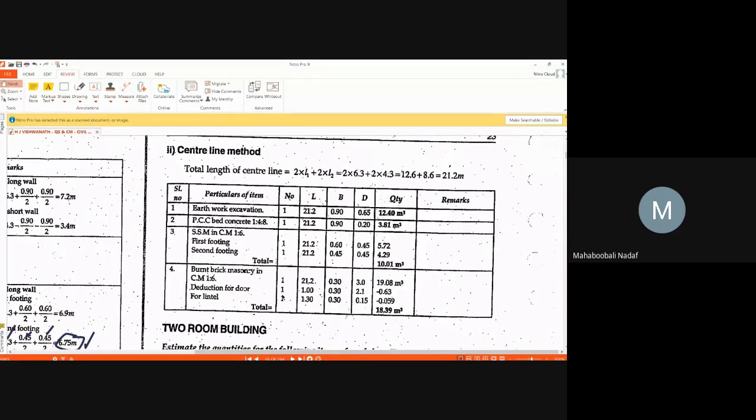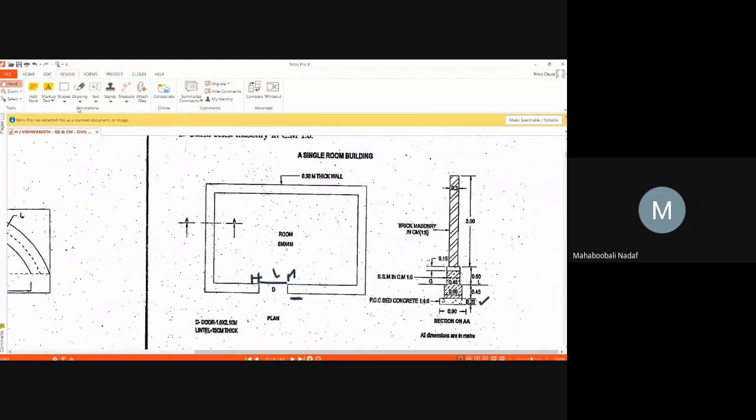Here no long wall, short wall. Only one center line, which is for the total building. That is the important point. So total center line of this building, you need to write: this center to center plus this center to center plus this center to center plus this center to center.